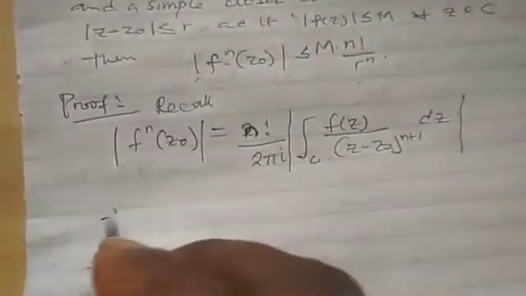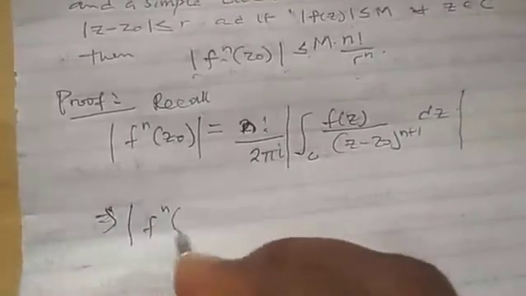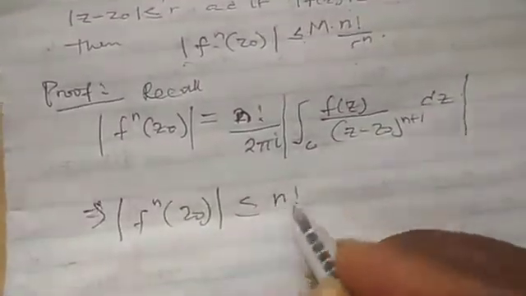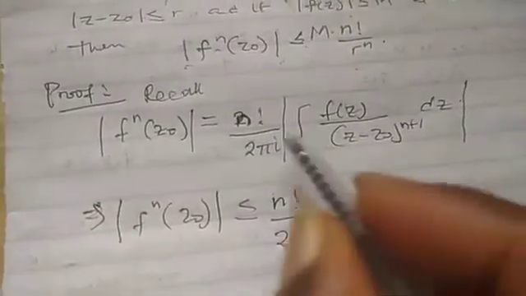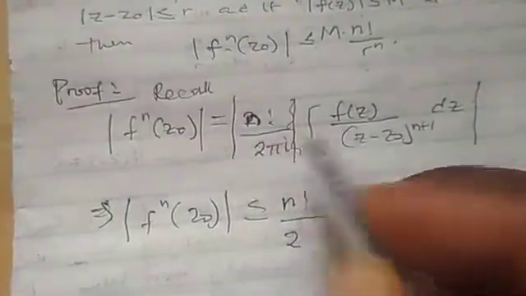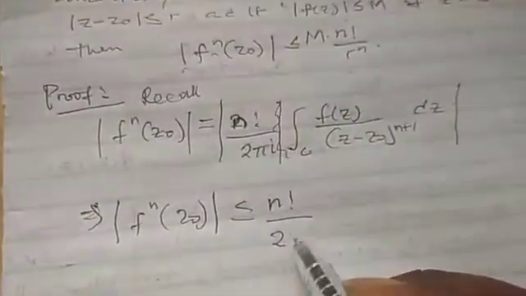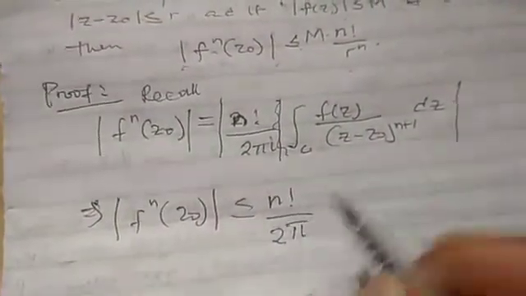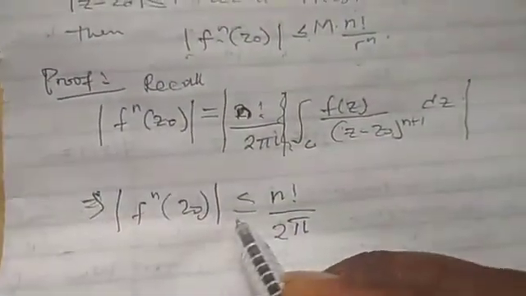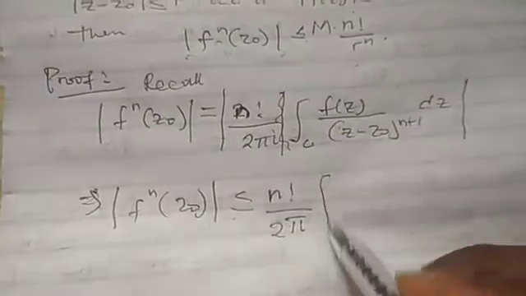Now, by the theorem of absolute value in integration, this will be less than or equal to, when we put the absolute value, the absolute value of 2 pi i will remain 2 pi. Now, when we bring this absolute value inside the integral, we are going to have less than or equal to.